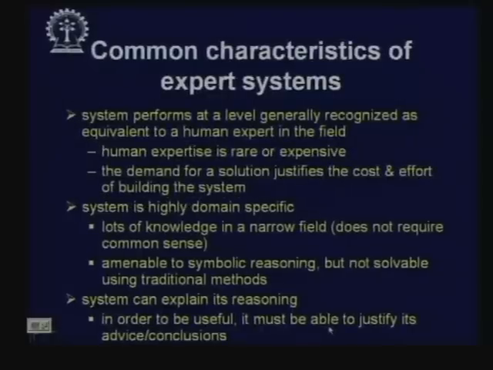Now, let us look at the common characteristics of expert systems. What are the common characteristics? Well, let us look at the first point. The system performs at a level that is generally recognized as equivalent to a human expert in the field. It is better that you keep the domain narrow, keep the set of problems that the expert system can address limited rather than be too ambitious.